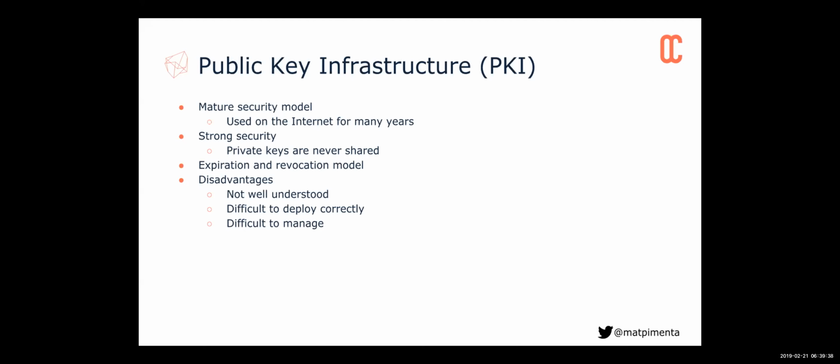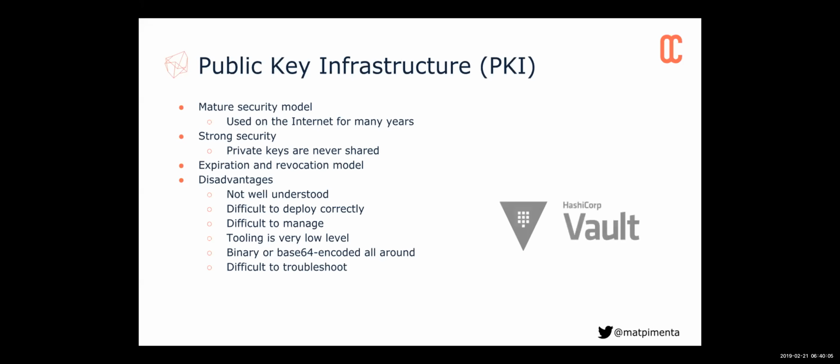The tools are probably not the best ones, so it's difficult to manage. The tooling is also very low level, so you see lots of binary or base64-encoded certificates, and there are standards all around. At the end of the day, it's very difficult to troubleshoot. However, this is where Vault helped us make those disadvantages almost go away.